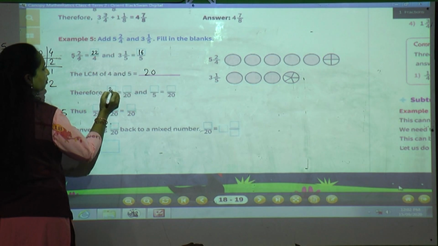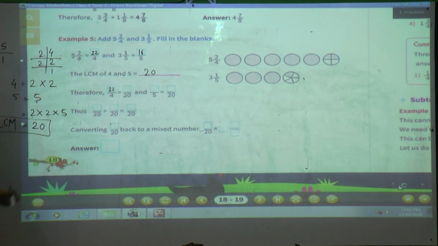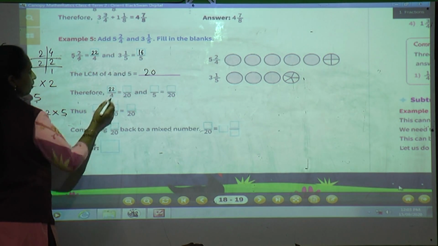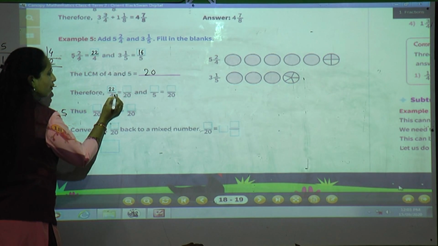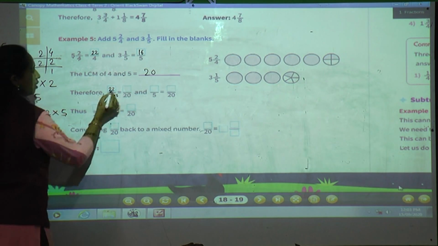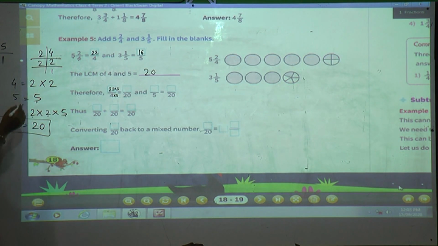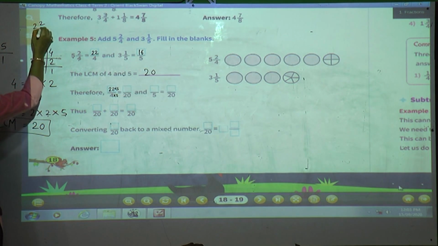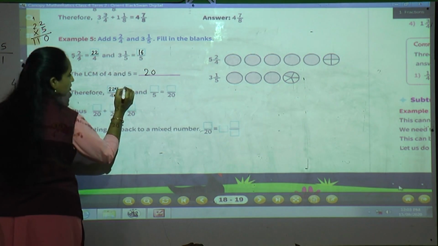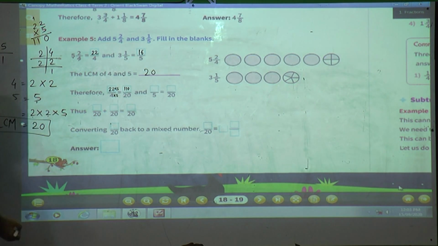See, 22 upon 4. Isn't it? So if we want 20 in the place of the denominator, what do we have to do? 4 5s are 20. So multiply the same here also. 22 5s are, see, do the rough work. 5 2s are 10, carry 1, 5 2s are 10 plus 1 is 11. So 110, isn't it?